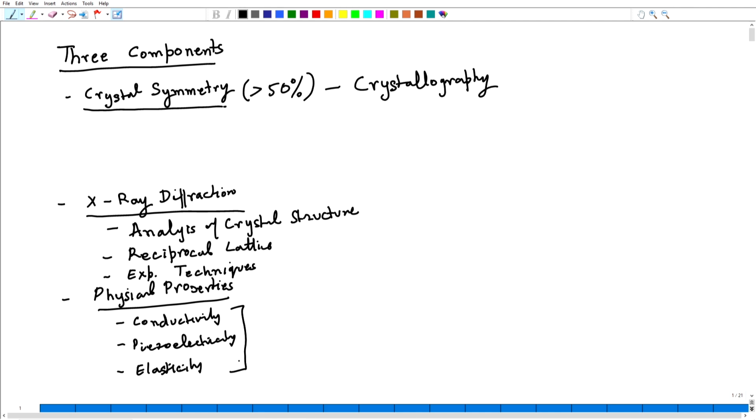And we will look at first their tensor representation, and what is the role of crystal symmetry.